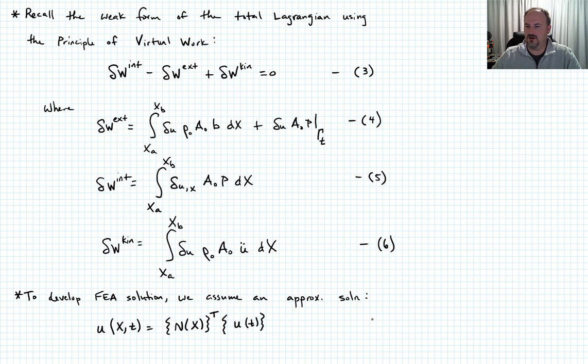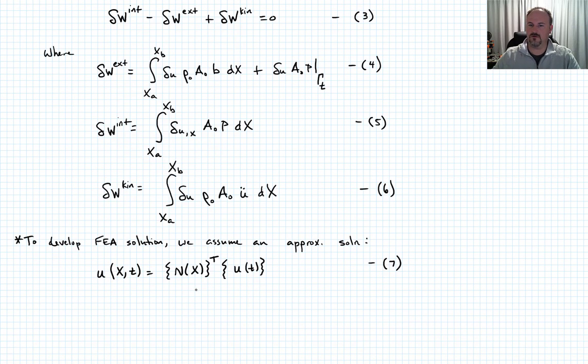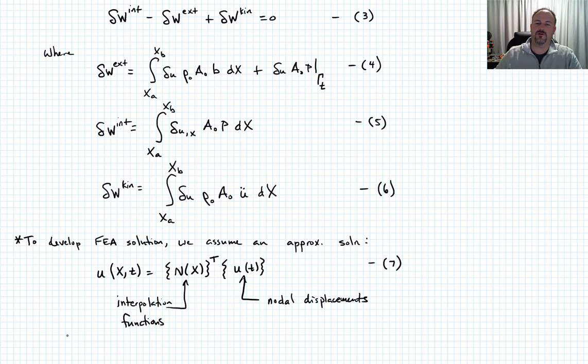So this is all hopefully similar. Let me write these down for you. N's are our interpolation functions, and these values of u are our nodal displacements. And I'll just put in parentheses here, obviously, the way I'm writing it here, this is the approximation over the element.